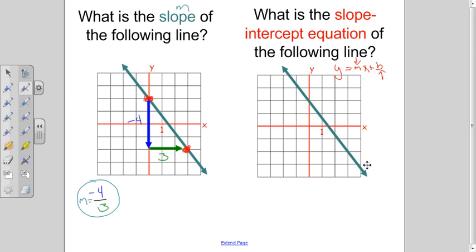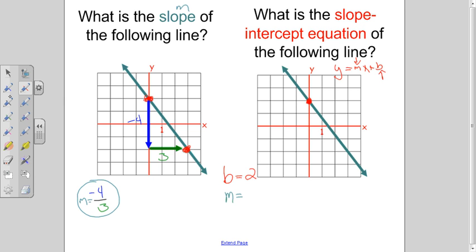Well, I tend to take a few seconds to make a b and m chart. Okay, so I've got b equals, and I've got m equals. Okay, so I see that b, the place that the line crosses the y-axis here, is +2.